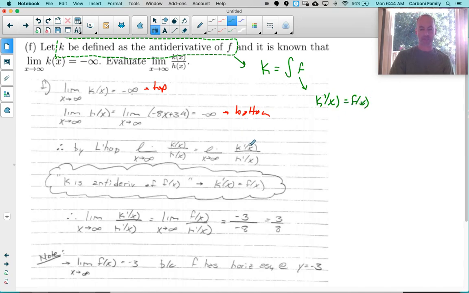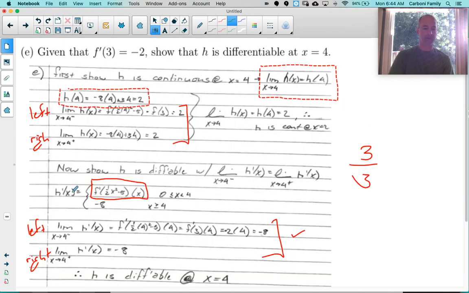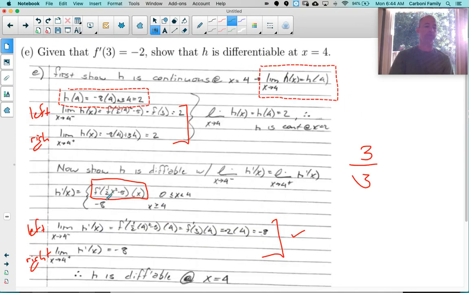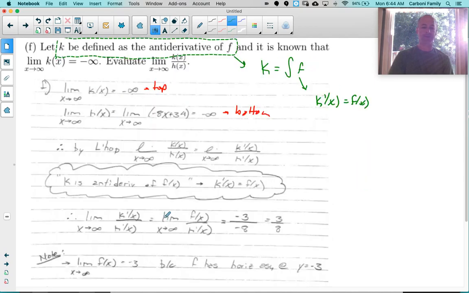I replaced the k prime with f, and then as h prime goes to, I'm sorry, we're going to positive infinity, my bad. That is greater than 4, so negative 8 for h prime.